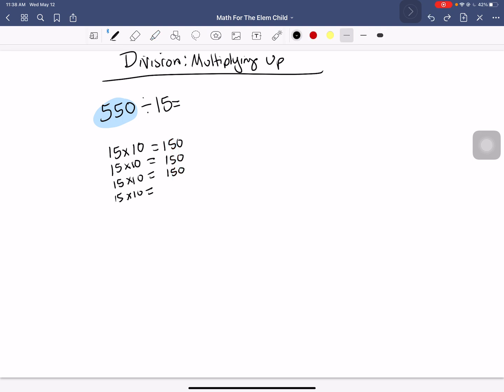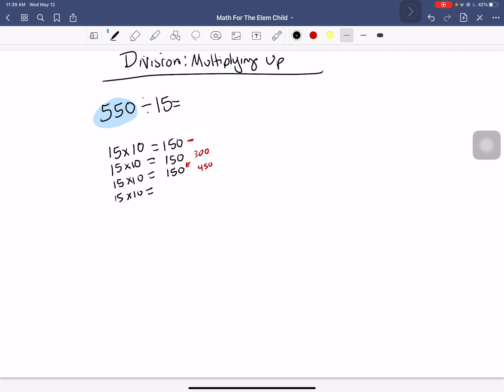So right now I have 150 here, and then I have 300, and then I add 300 to 150, and then I have 450.